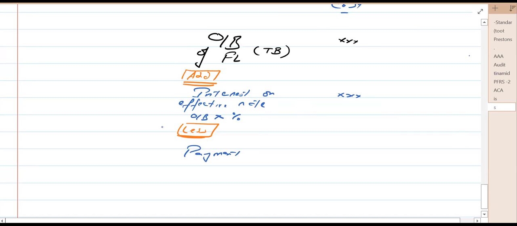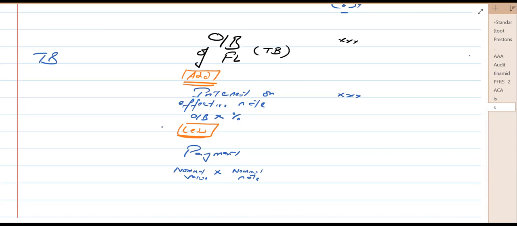So what you do is you take the nominal value or the face value of the bond, multiply by the nominal rate. The nominal rate is usually given with the bond, like when you see the trial balance. In the trial balance, it says, for example, 6% loan notes, and then there's a balance.